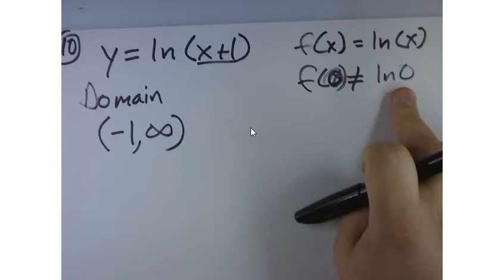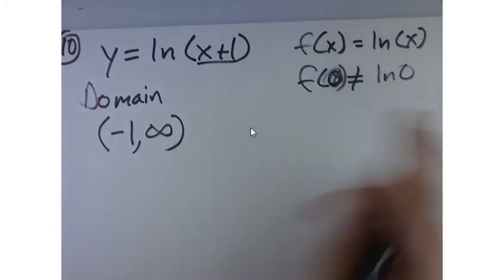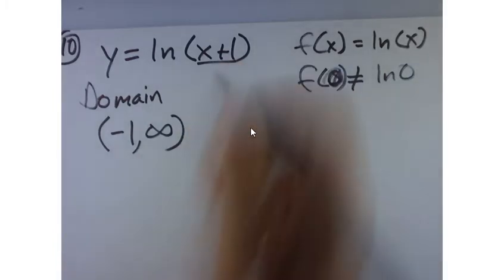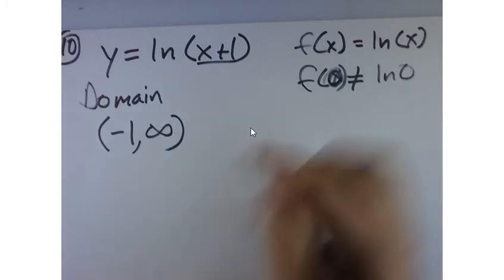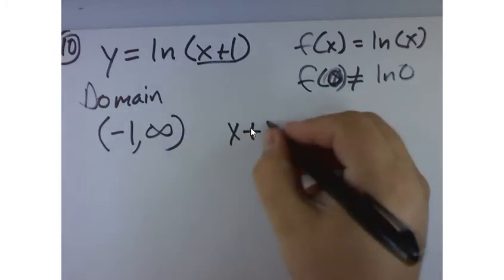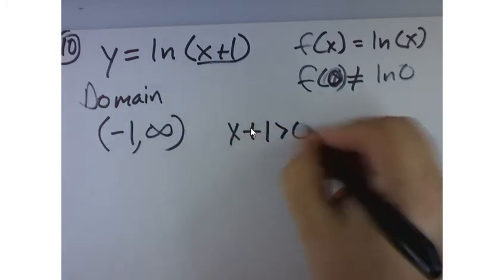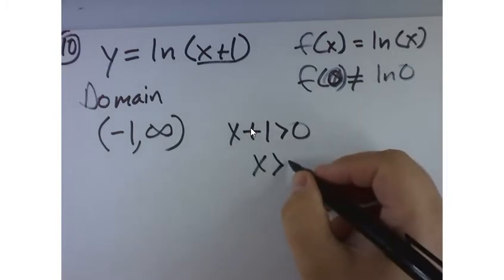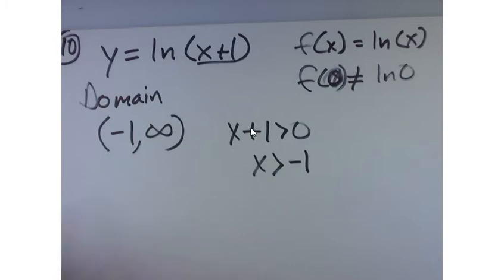We'll talk about that. But for right now, what I have to keep in mind is this stuff inside the parentheses has to be greater than 0. So algebraically, x plus 1 has to be greater than 0. And so x has to be greater than negative 1. And that's where we get the domain.